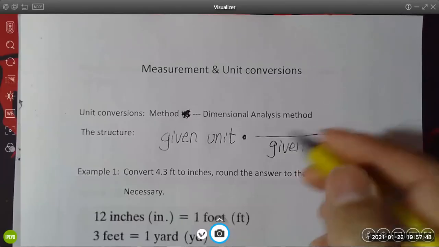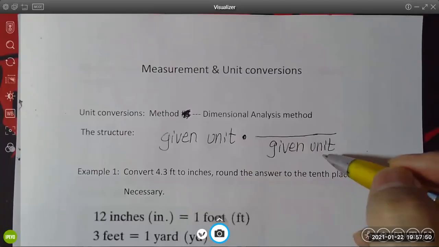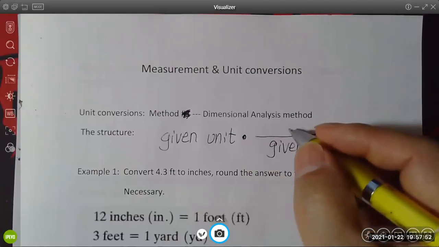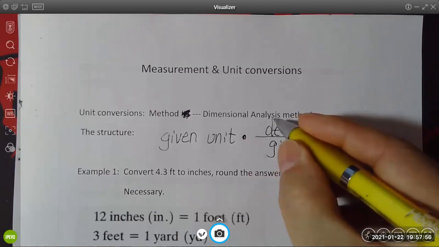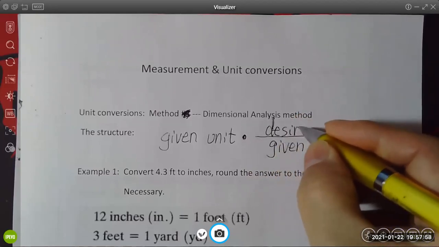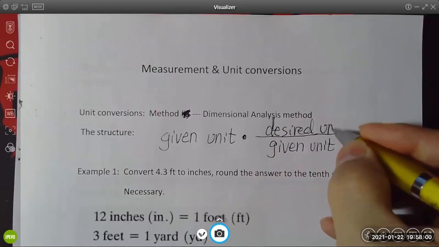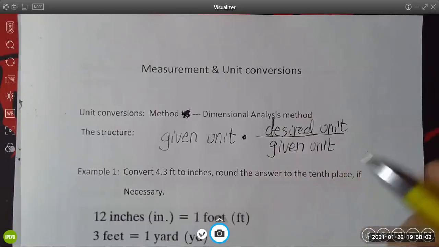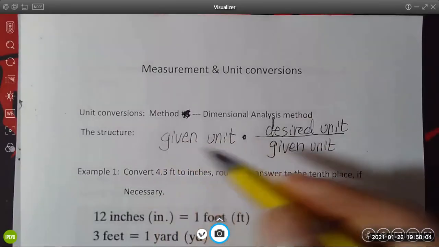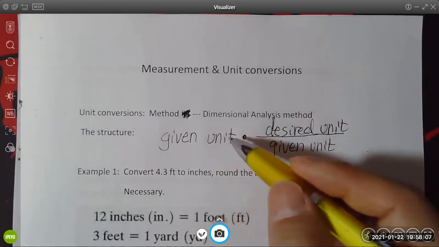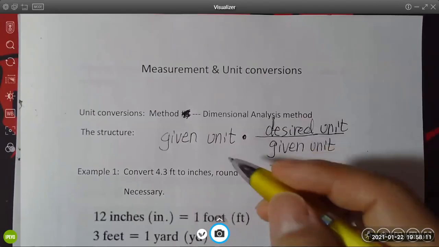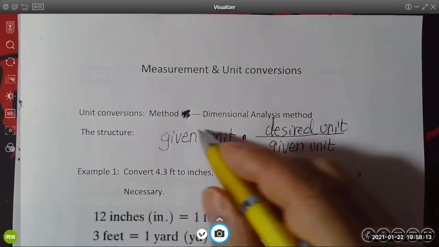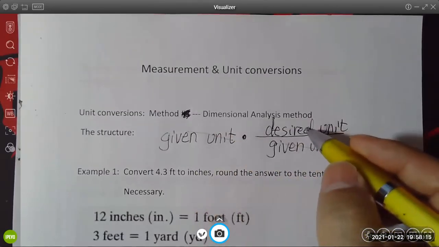So you can see these two will cancel. Then we put the unit we want on the top, and we call it the desired unit. This way, no matter what number is given, if this structure is right, you're going to get the right answer. So the focus is on the structure. These two cancel, you get what you wanted.